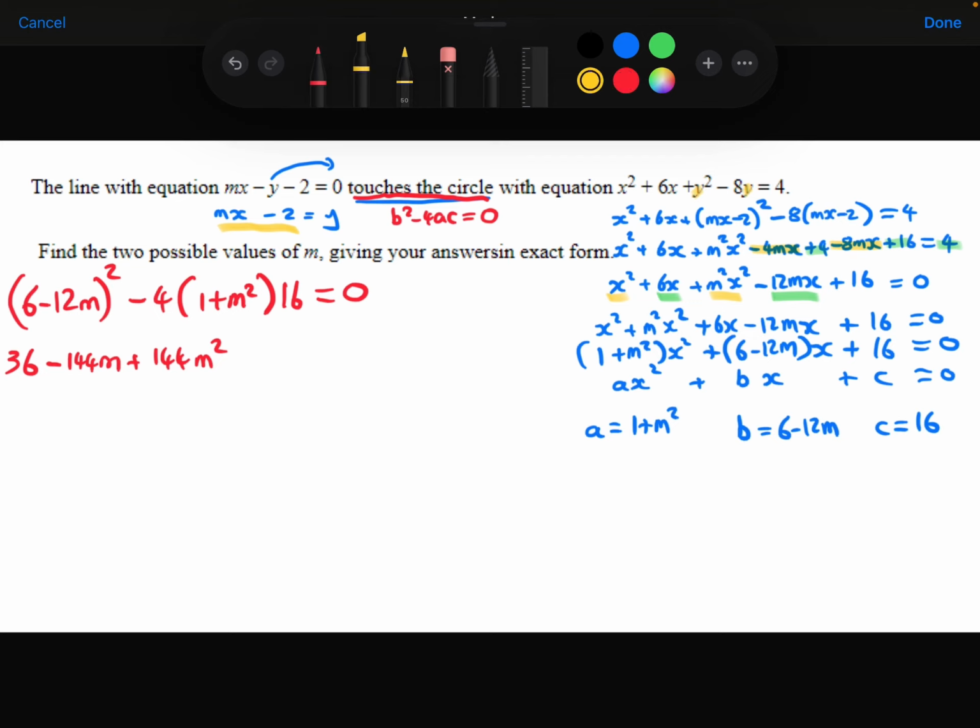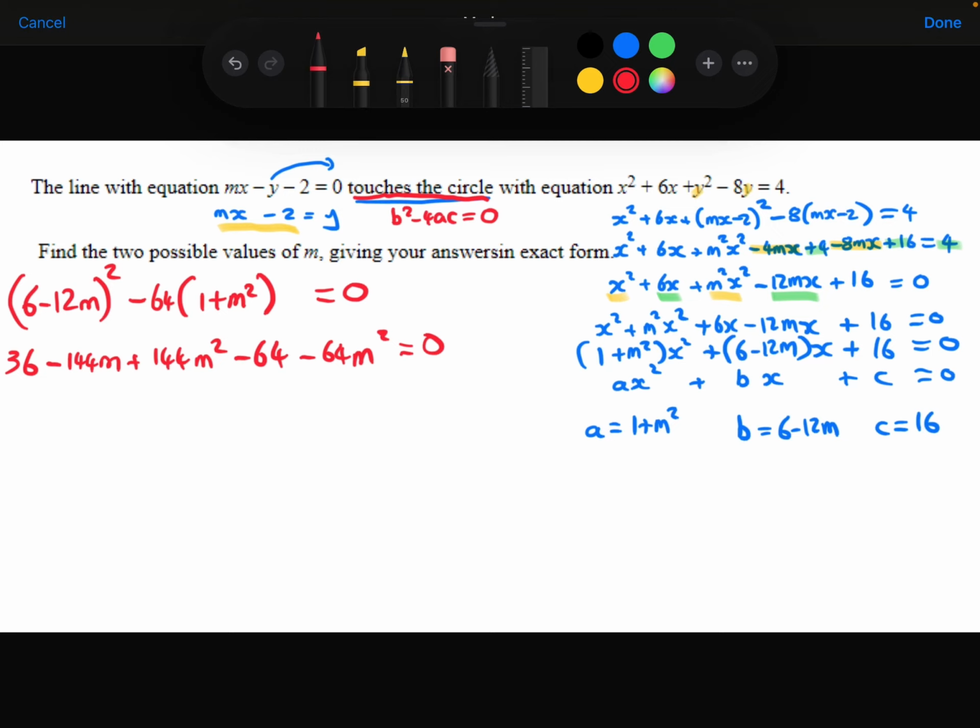Then the 4 times the 16 is 64. And then we've got minus 64 times 1, which is minus 64. And then minus 64 times the m squared, which is minus 64m squared.